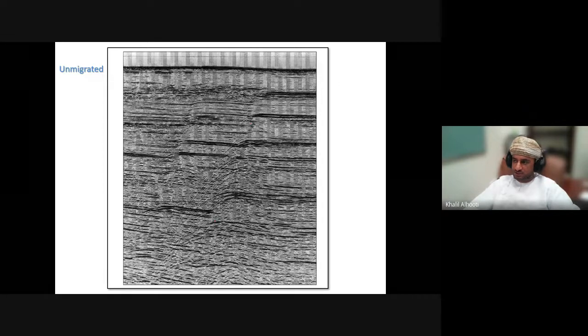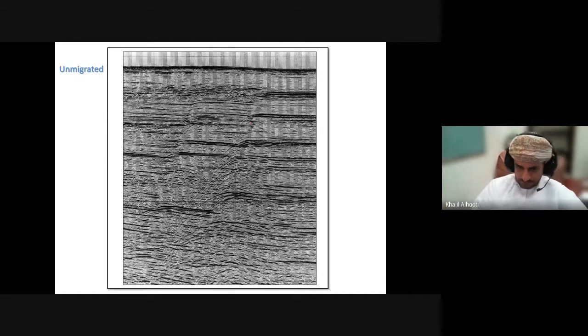Here is a section. What do you see geologically in this section? Faults, that's true. Exactly. They are not clear, but still I can see faults. So this is a layer. That's another layer.